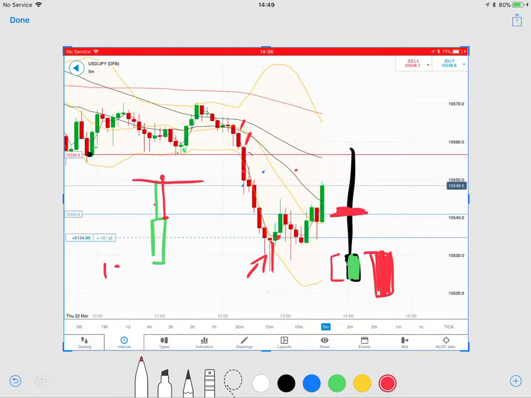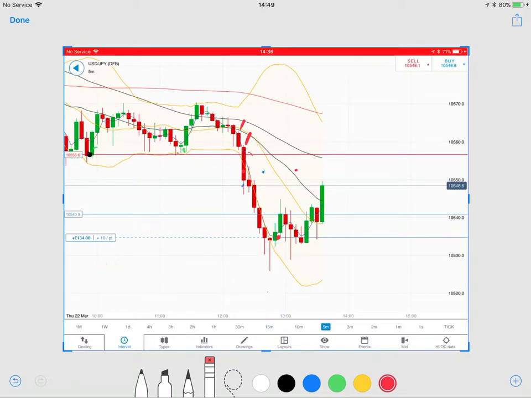Let's call that the halfway point. The candle finished right down here, which means the buy wasn't very strong. And likewise if it's a sell candle.